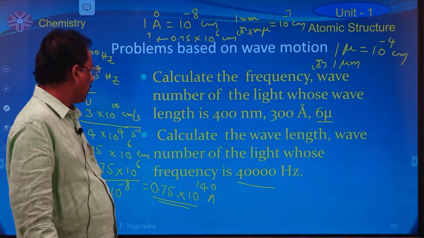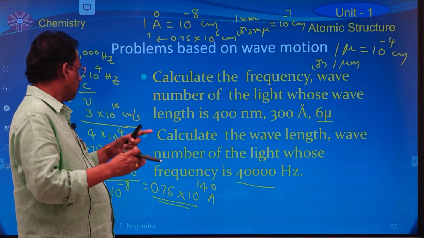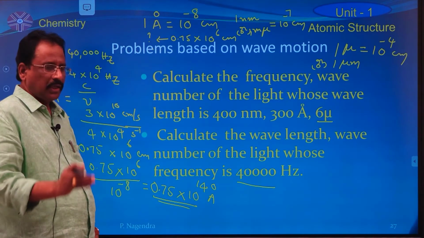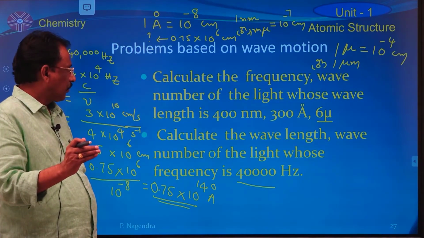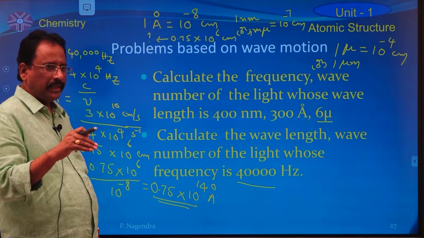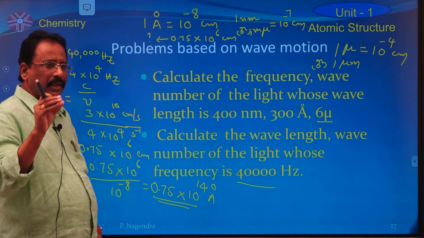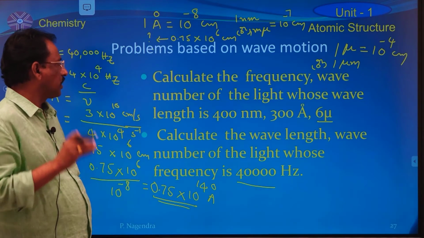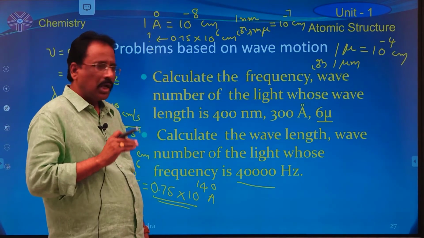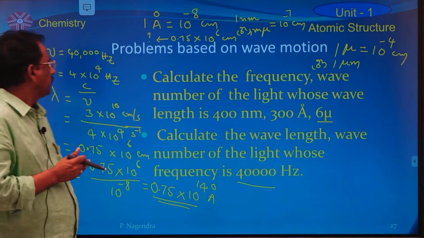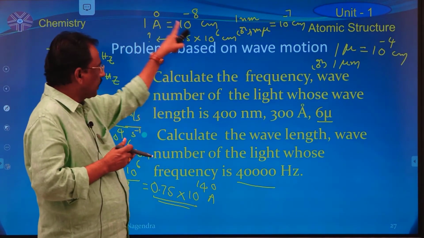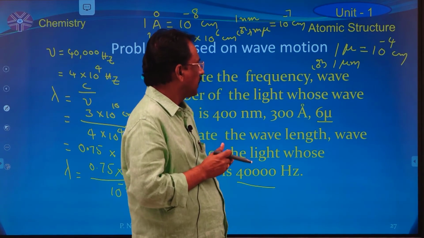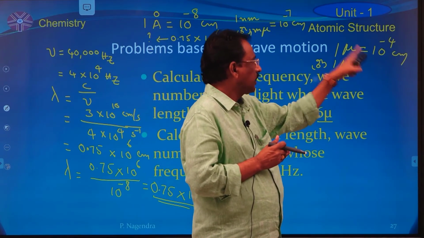So, while doing the problems based on the characteristic property of wave motion of the electromagnetic radiation, each and every student should remember the units of wavelength, and how to convert angstrom into centimeter, nanometer into centimeter, micron into centimeter.